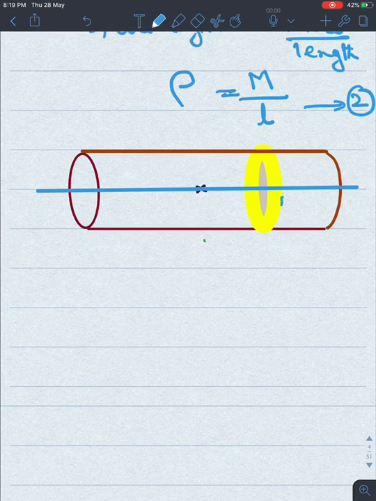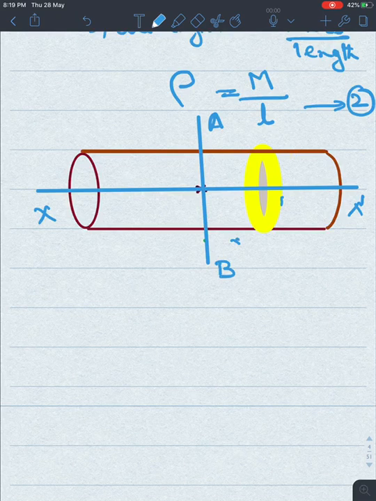Now, as I said before, I'll draw the perpendicular line also, AB, for which we have to calculate the moment of inertia. This is the x prime we had already mentioned earlier. Now for this yellow disc, it is at a distance x away from the axis AB and it has a thickness dx.